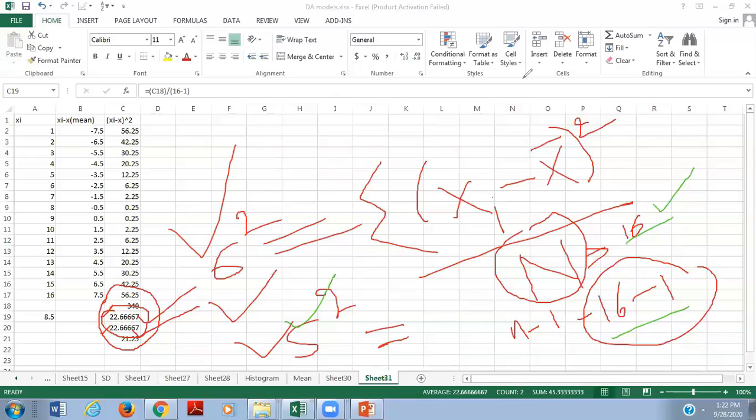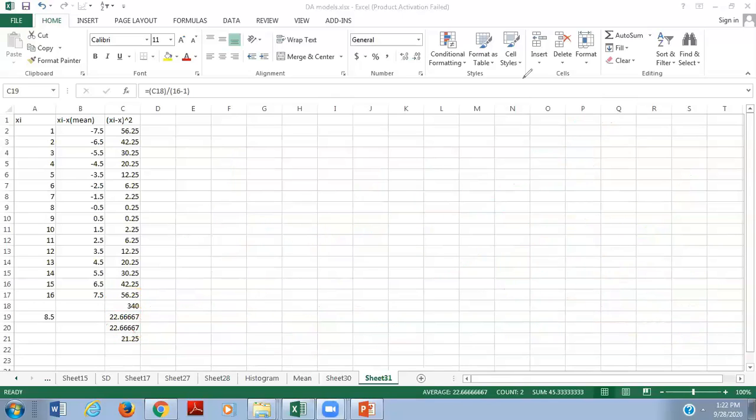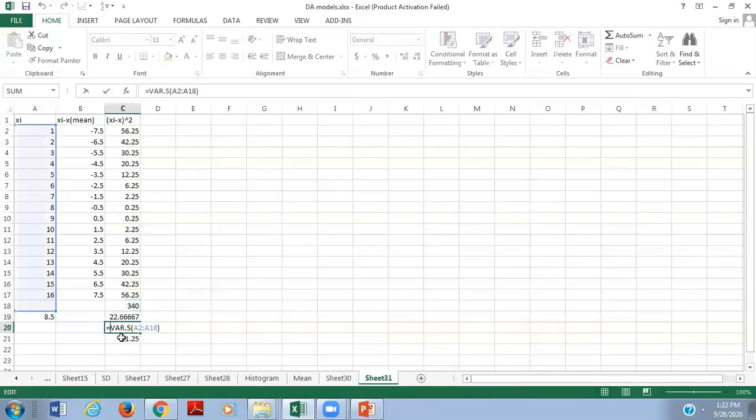So what we did first, we divided by n minus 1. It's a sample variance, right? And here also we have used the formula of VAR.S. It's an Excel formula.